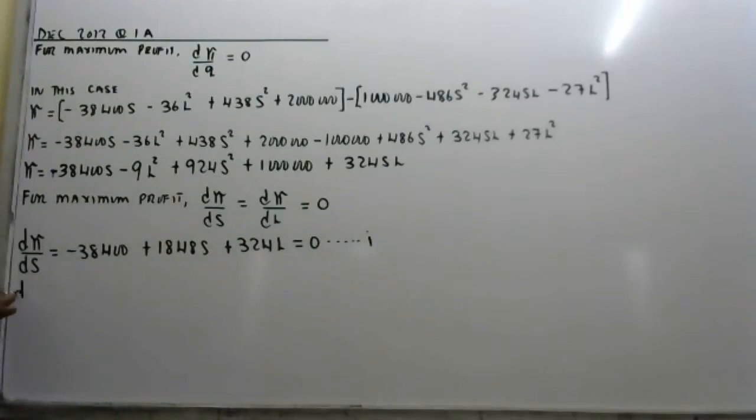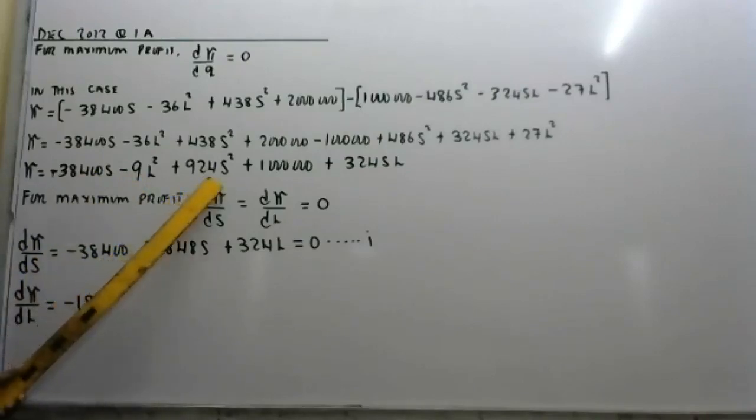Then you come and say the differential of pi with respect to L. This one does not have L, so it becomes 0. This one has L, so you multiply by 2, we get minus 18L.